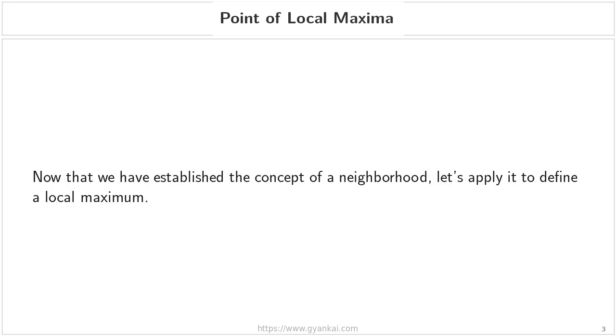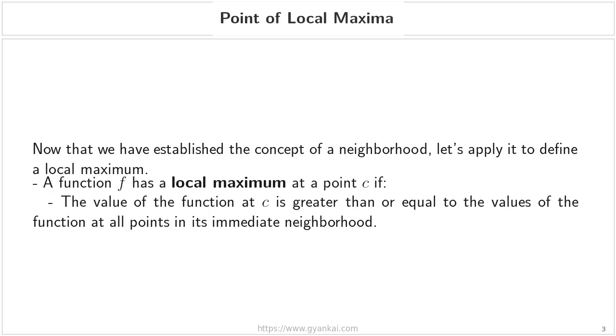Point of local maxima. Now that we have established the concept of a neighborhood, let's apply it to define a local maximum. A function, which we will call f, is said to have a local maximum at a specific point C, if the value of the function at that point is greater than or equal to the values of the function at all other points within its immediate neighborhood.